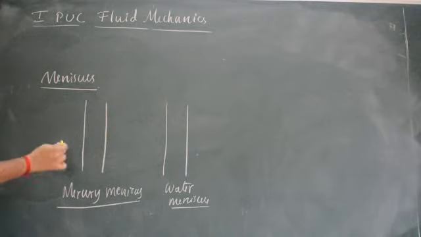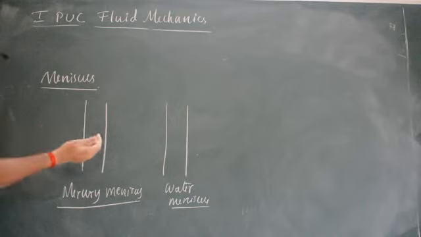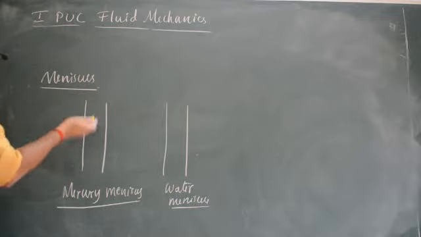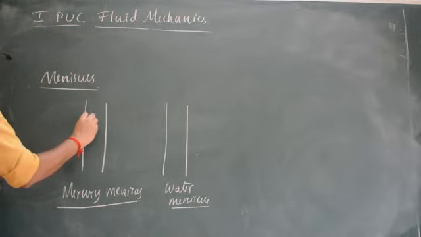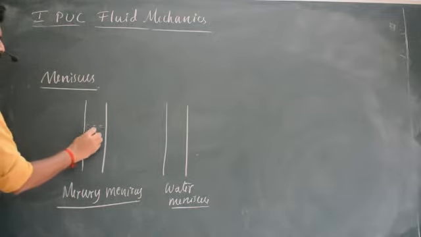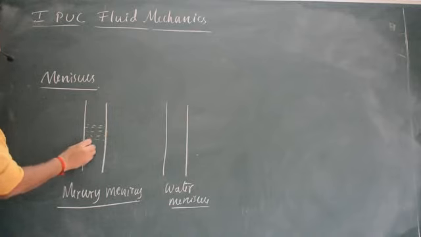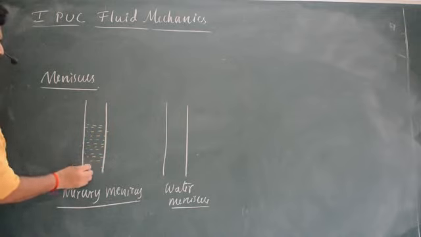So how does mercury look like? If you check any thermometer, or suppose you go to a hospital for a BP checkup, nowadays everything is electronic, but in olden days, mercury would rise inside that column. If you take mercury in a barometer also, you can see it. Usually doctors use a thermometer during fever, right?